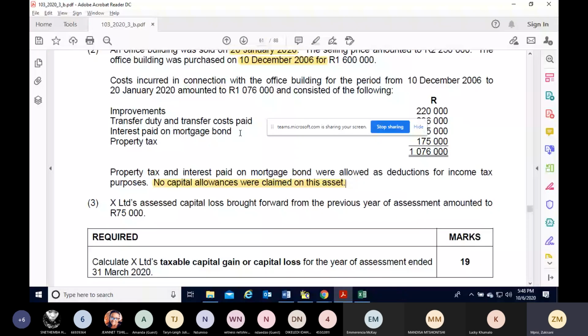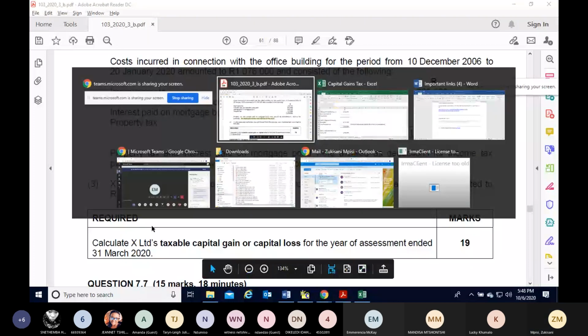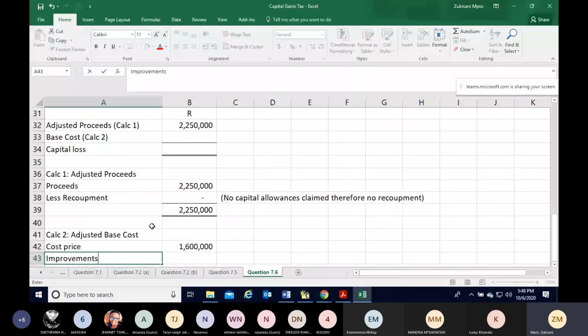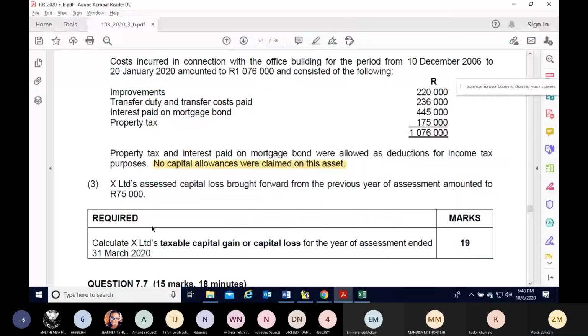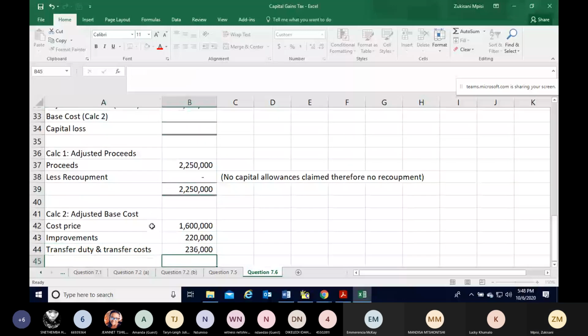We've got improvements. Improvements, straightforward, they come in: 220,000. We've got transfer duty and transfer costs, they also come in as 236,000.